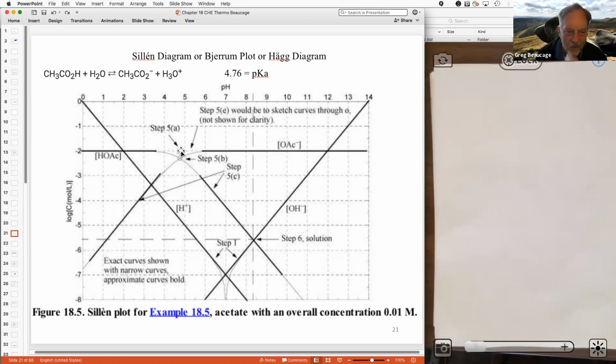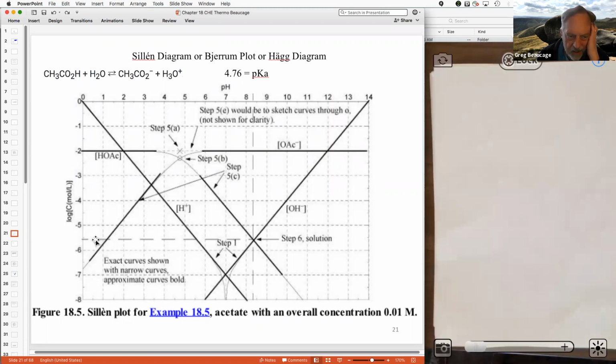At this cross point, that's where the two deviate. These two have to sum to the same value, which is the concentration you put in. So the sum of those two has to be the same. When there's none of this, that thing's all of it, and when there's none of that, this thing's all of it.